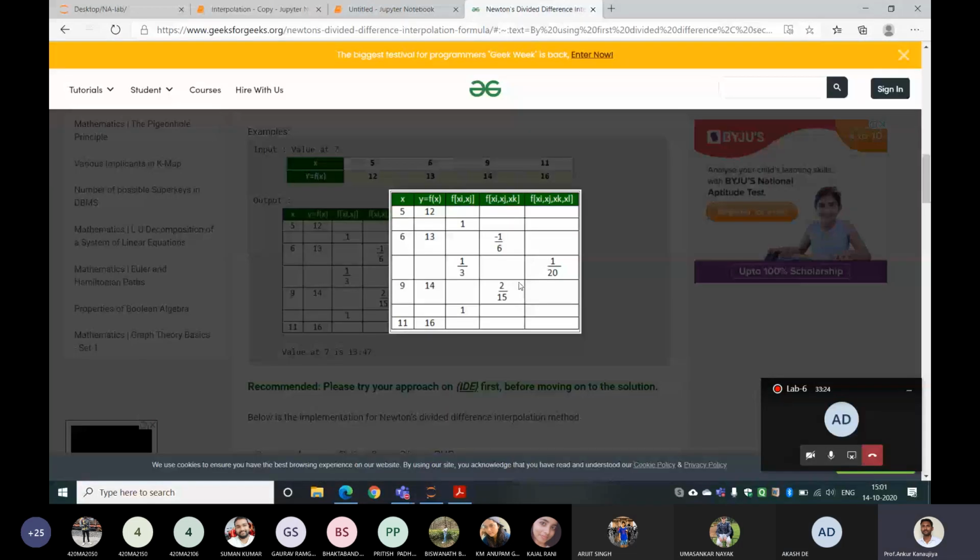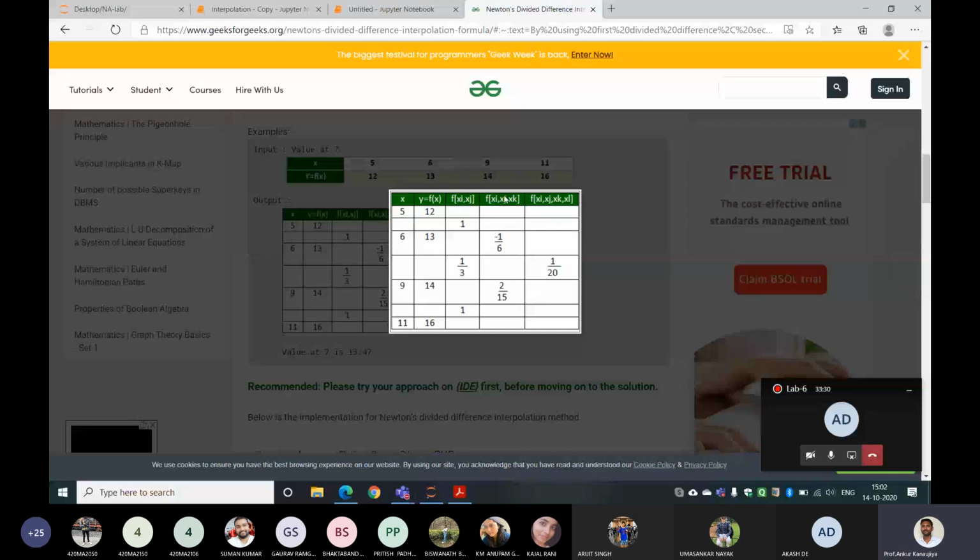Suppose you are calculating this value, and suppose this is the jth column. What will the previous column be? It will be the j minus 1 column, right? Yes, sir. And then we take the difference between this minus this in the j minus 1th column. If this is row i, then this is i plus 1, this is i plus 2.